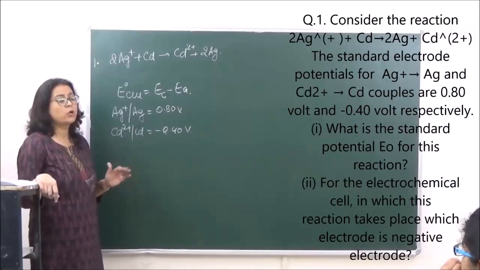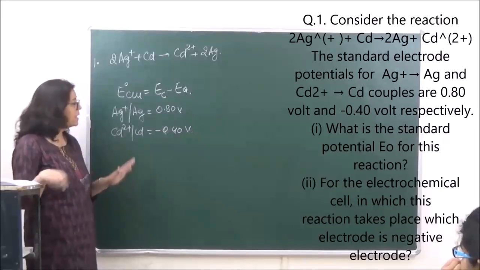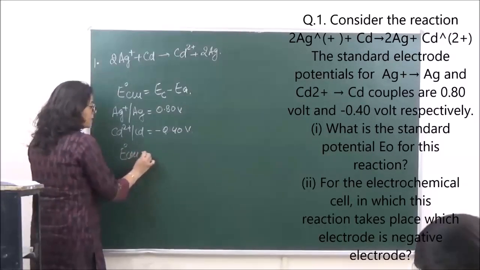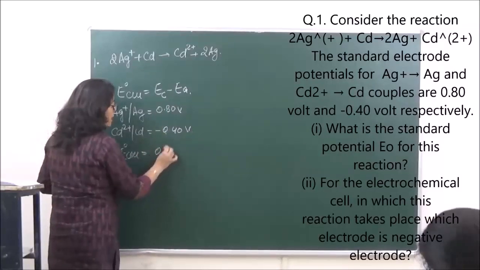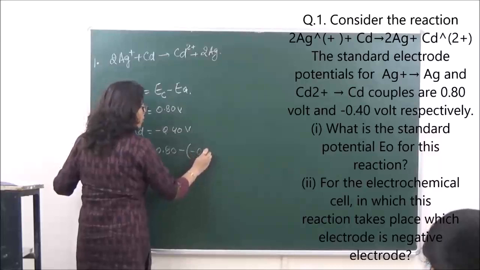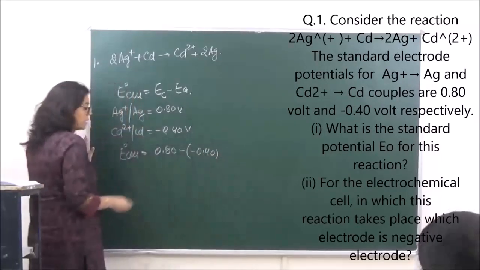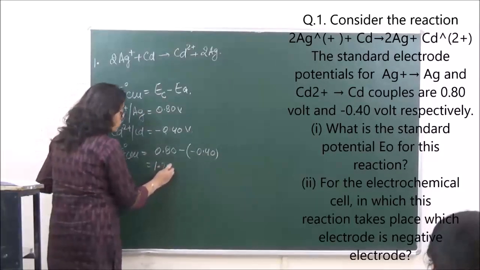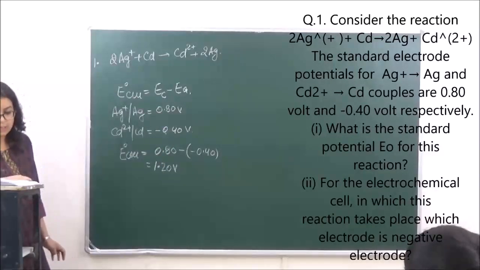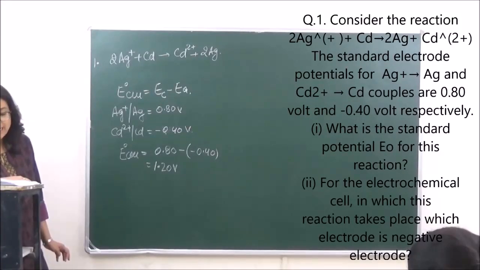Okay? So what will E naught cell be? That will be equal to the larger value 0.80 minus (minus 0.40), which becomes equal to 1.20 volt.